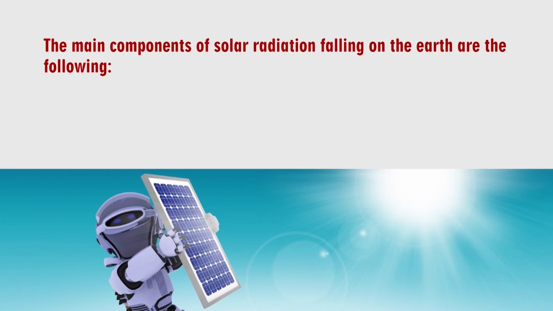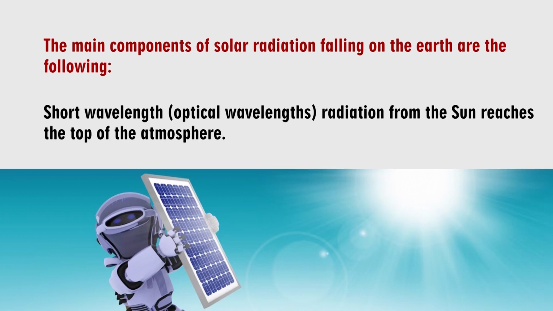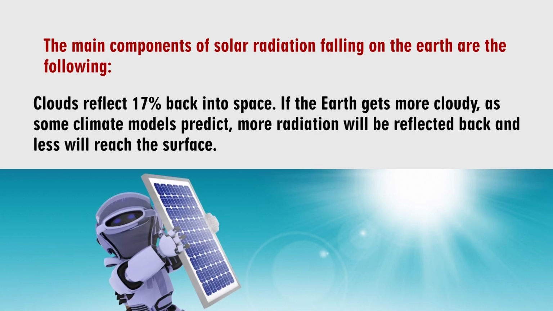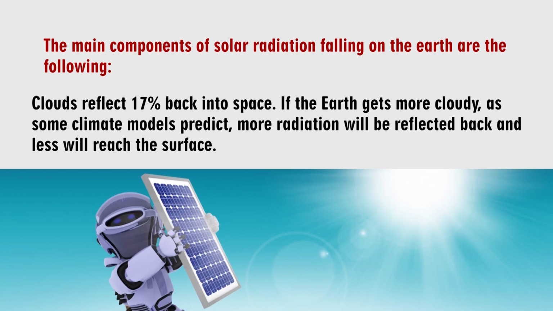The main components of solar radiation falling on the earth are the following. One is short wavelength radiation from the sun reaching the top of the atmosphere. Second, clouds reflect 17% back into space.